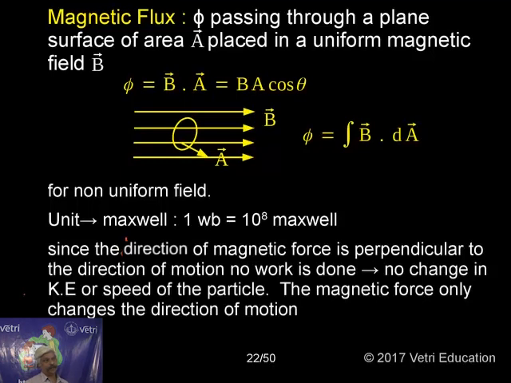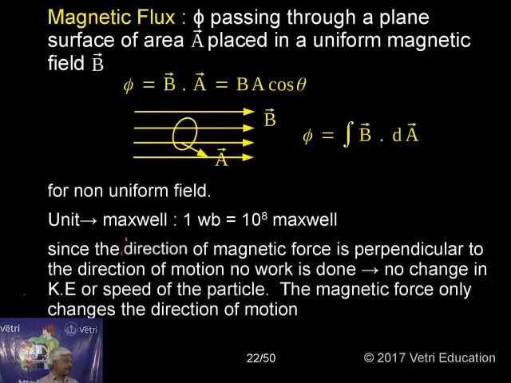Just now I told you that the thumb indicates the direction of the force or direction of motion of a conductor. The direction of the force as well as the direction of motion of the conductor are in the same direction, meaning they are parallel to each other. Since they are parallel, what is the angle between them? 90. We know work done is Fs cos theta; cos 90 is 0, therefore no work is done.